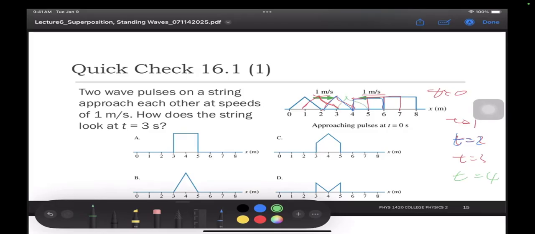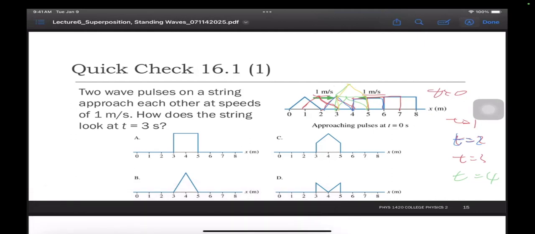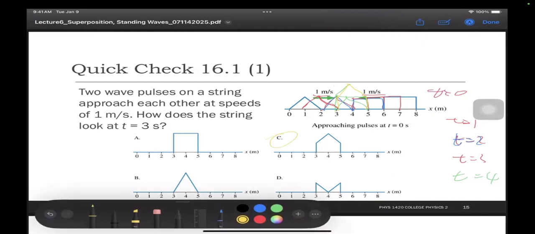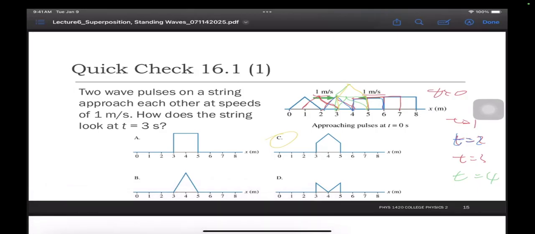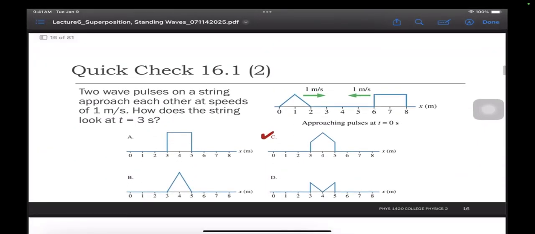And then because it will sum together, the final will just look like this. Does it make sense to you? So what's the answer? I think it's obvious, am I right? It is C. Does it make sense to you? Yeah, they will add together. It is C.